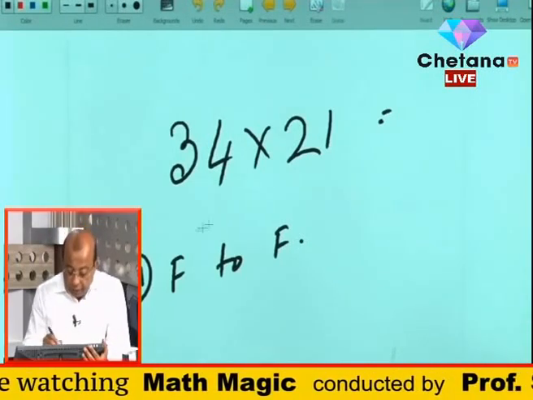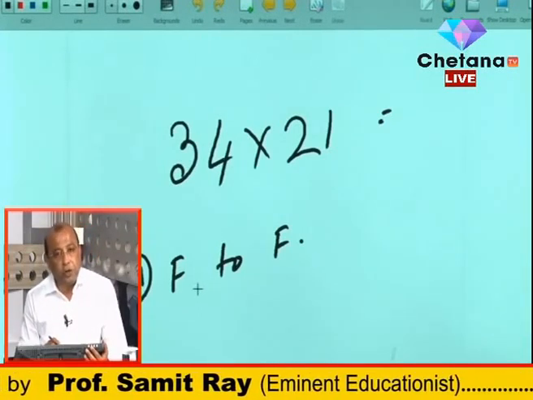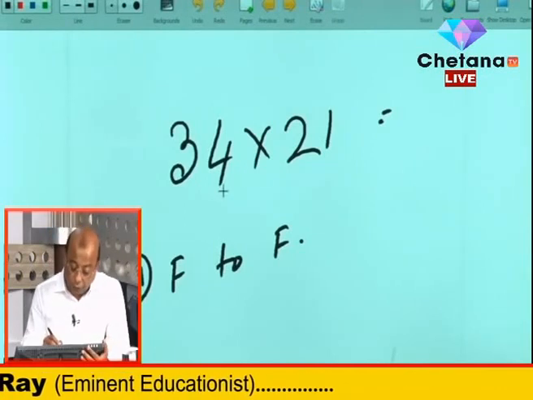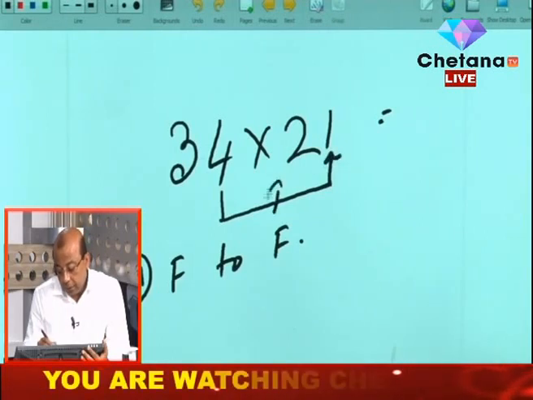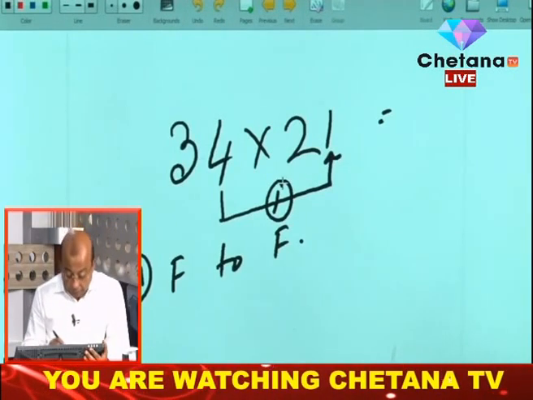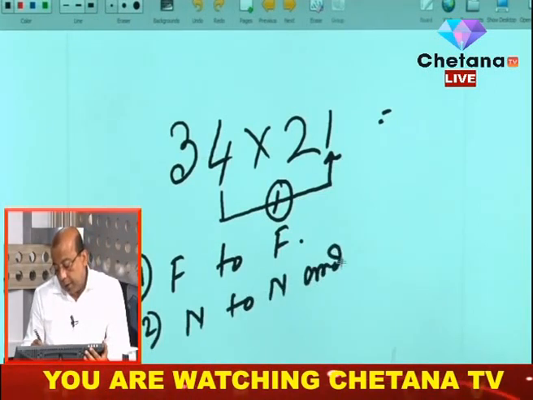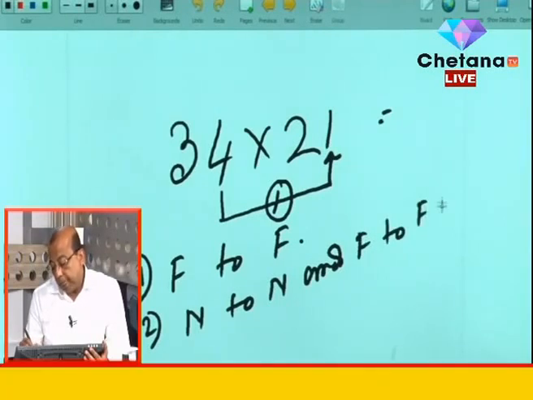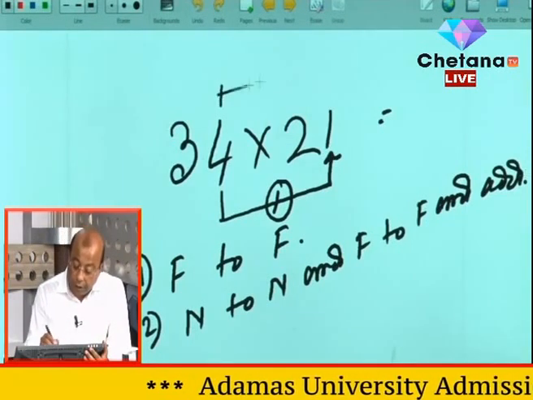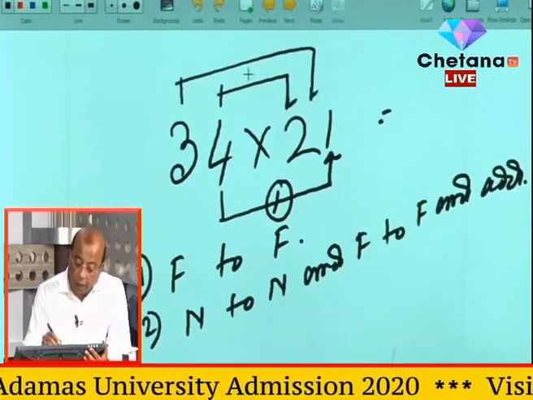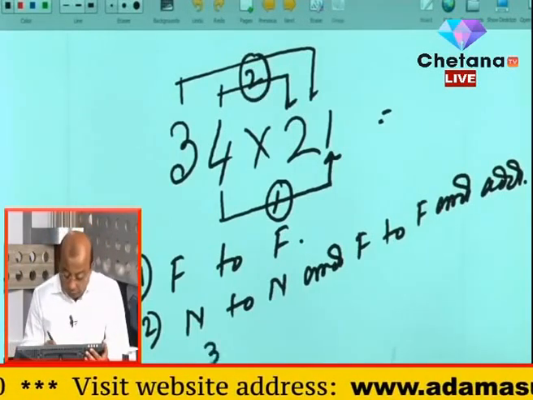We consider the left hand number, and then the starting point will be the number in the unit place, that is 4. Considering this 4, this 1 is the far to far. Number 2, near to near and far to far and add. What will be the third step? That is far to far.